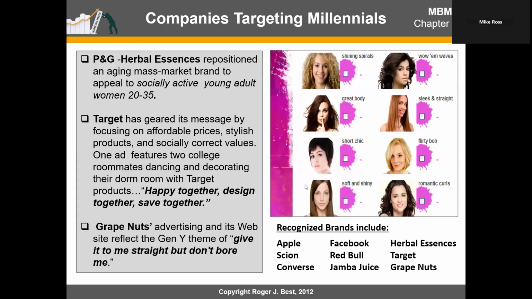So here you can see, for example, companies like Procter and Gamble, who are consumer packaged goods, probably one of the biggest in the world. Target, I think everyone is pretty familiar with Target as a retailer. Grape Nuts, that's a cereal brand that generally older people will eat.